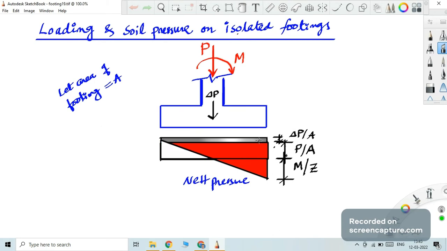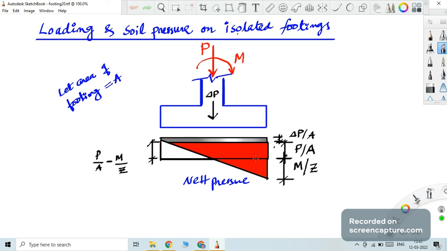So ultimately, you will get a trapezoid of pressure. The pressures due to applied loadings are algebraically added, resulting in a trapezoidal pressure exerted by the footing on the soil.